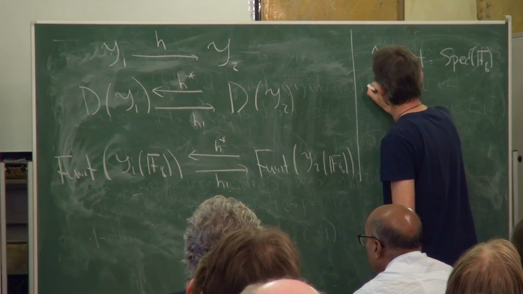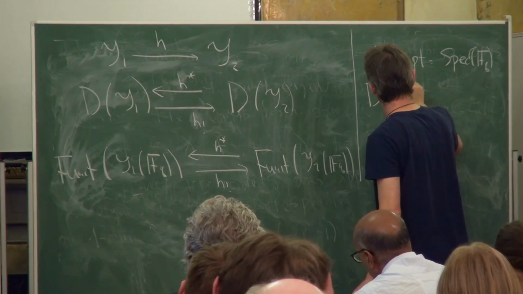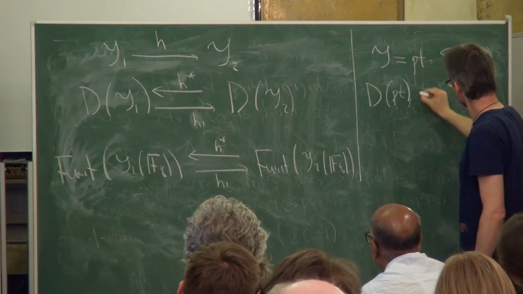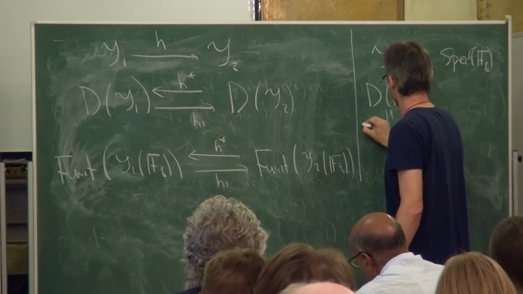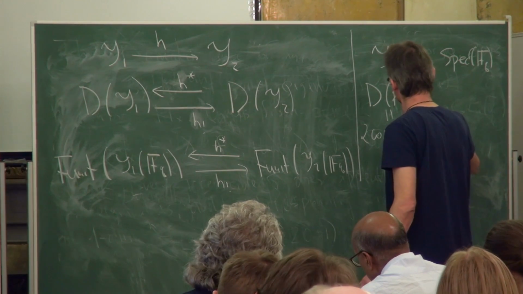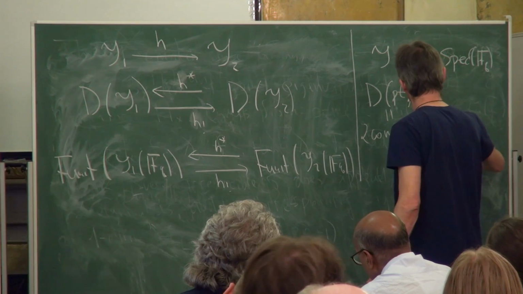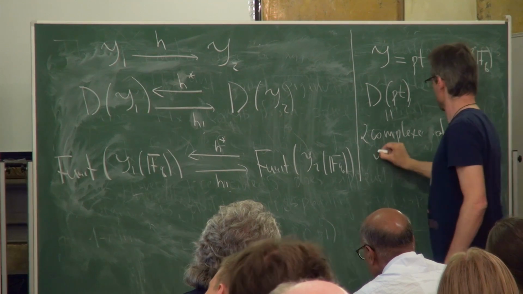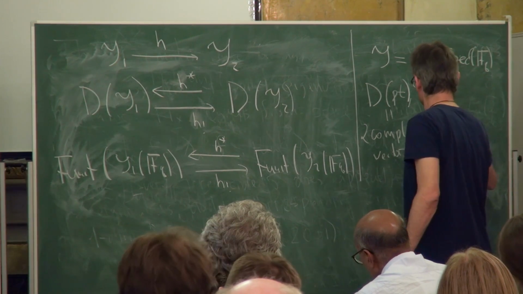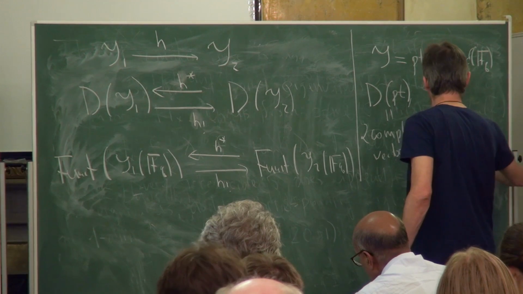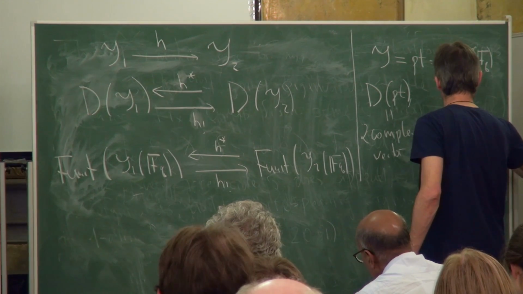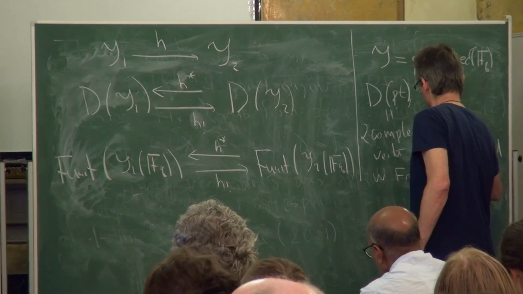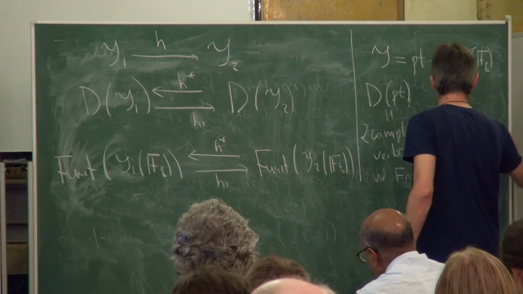Well, let me say that D of point is complexes of vector spaces equipped with an automorphism, which is the Frobenius, finite dimensional vector spaces.